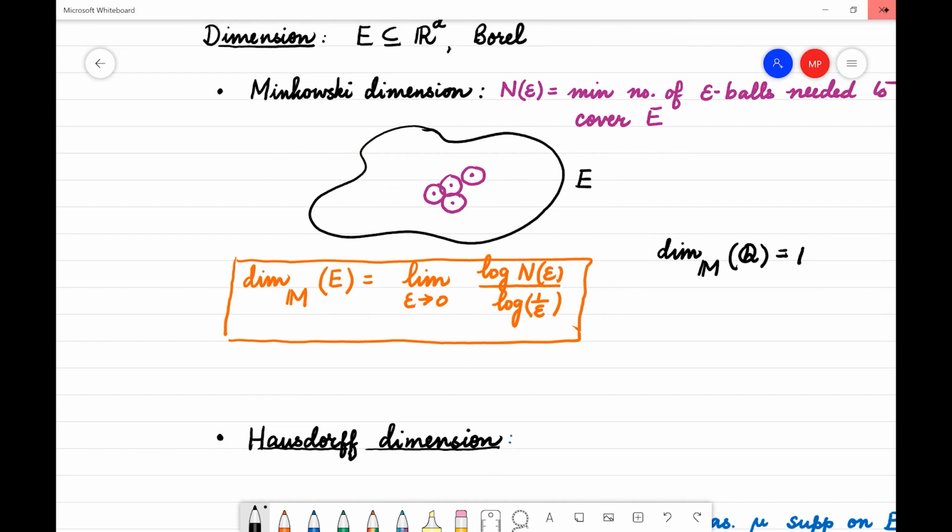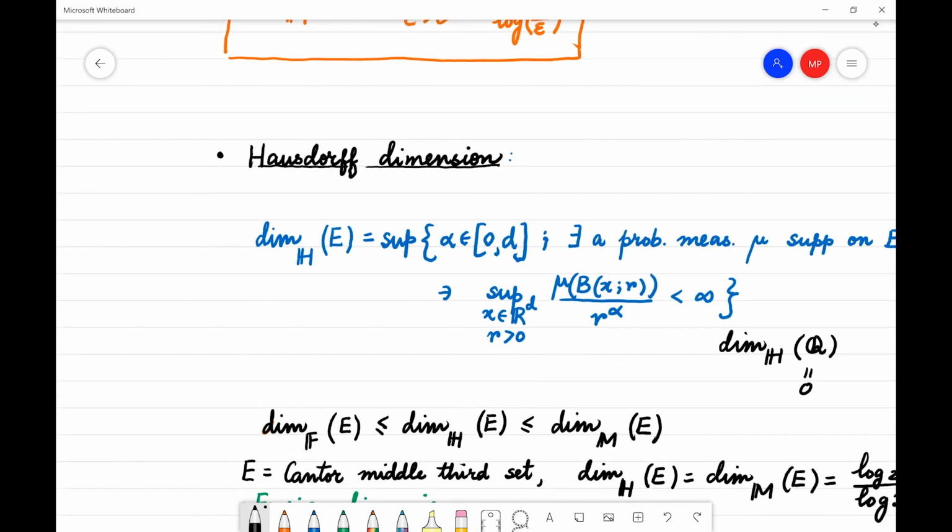It's unclear, at least from the definition that I have written down, what Hausdorff dimension stands for. Well, there are alternative definitions of Hausdorff dimension that maybe point a little bit more to why this is a finer notion.